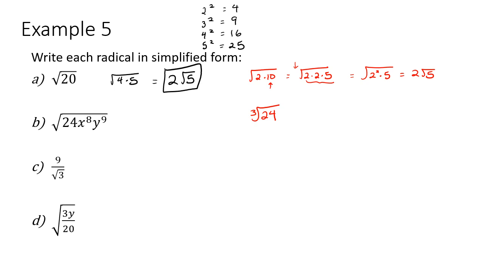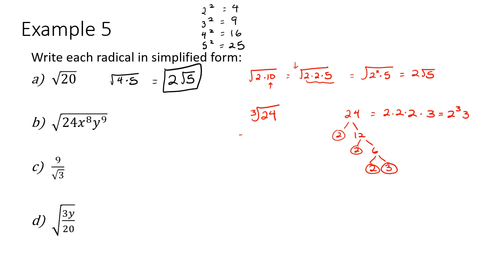Well, let's think about how far we could break 24 down. 24 you could write as 2 times 12, but 12 you can break down further because that you could write as 2 times 6, and then 6 you could break down because that you could write as 2 times 3. And so what you end up with is that 24 is 2 times 2 times 2 times 3, or 2 cubed times 3.